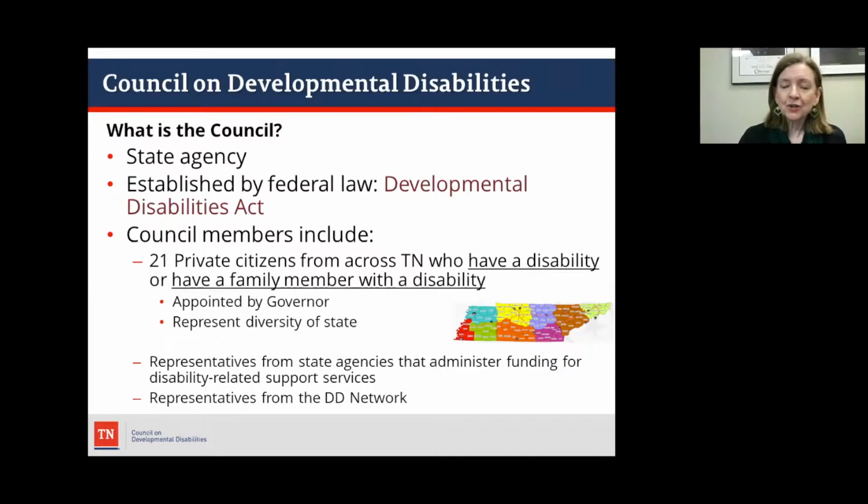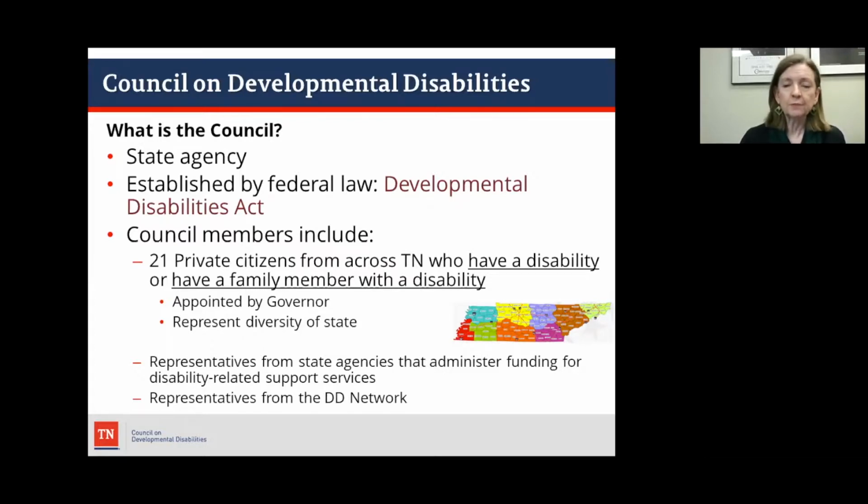In addition to the private citizens, we have representatives on the council from state agencies that administer funding for disability-related support services. So, you know, Department of Education, Housing, Voc Rehab, the DD agency, the Medicaid agency, our DD network partners, the P&A, and our 2 university centers all sit on the council.